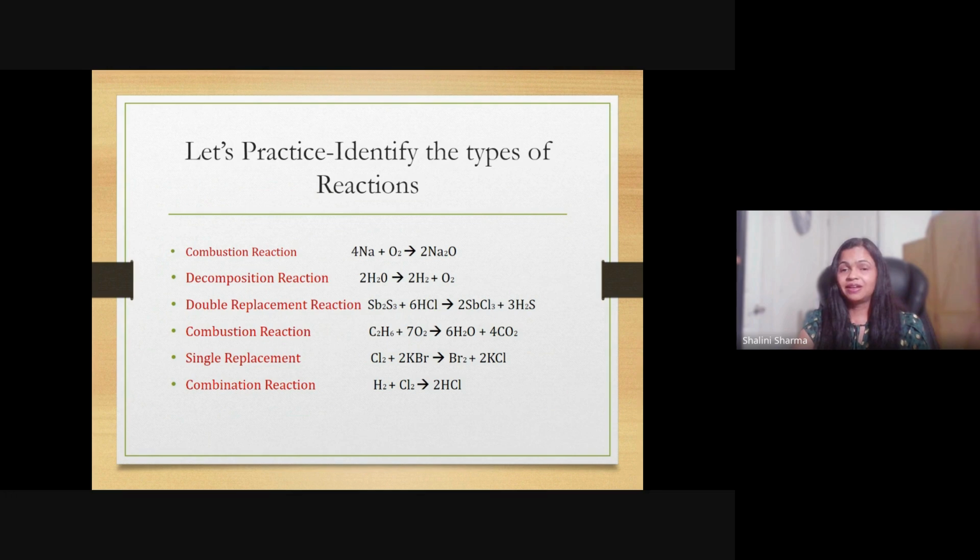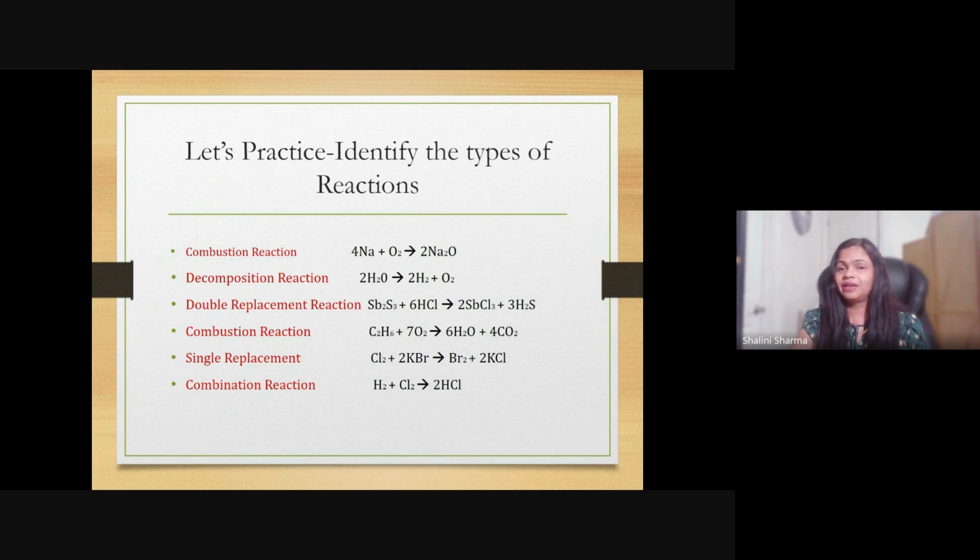Next one: chlorine combines with potassium bromide, forming bromine and potassium chloride. What do we see here? Chlorine is going to replace bromine from potassium bromide. You see bromine is being replaced on the product side, forming potassium chloride.